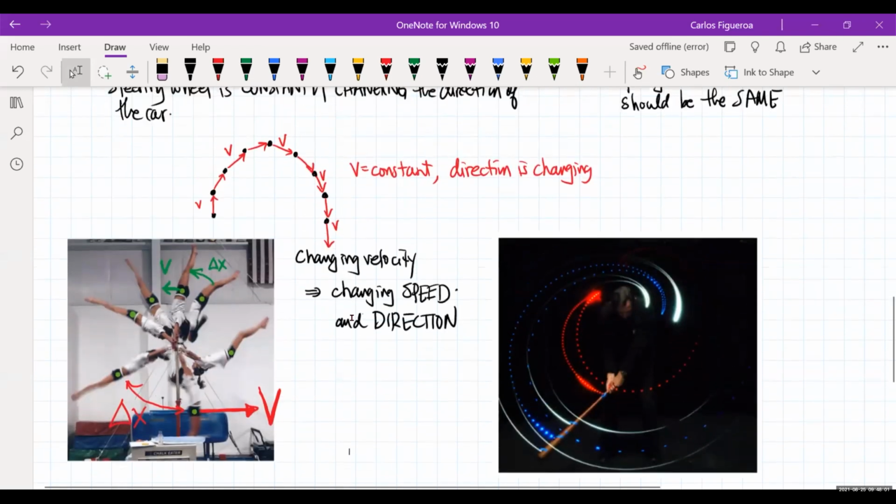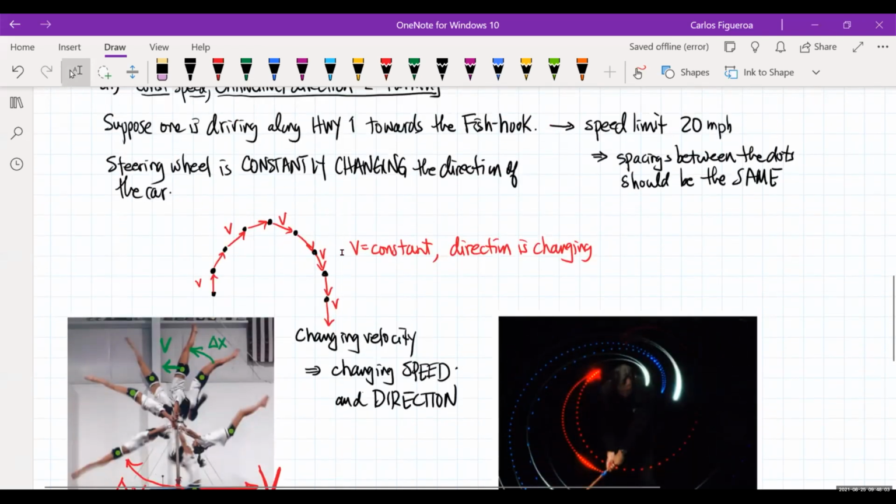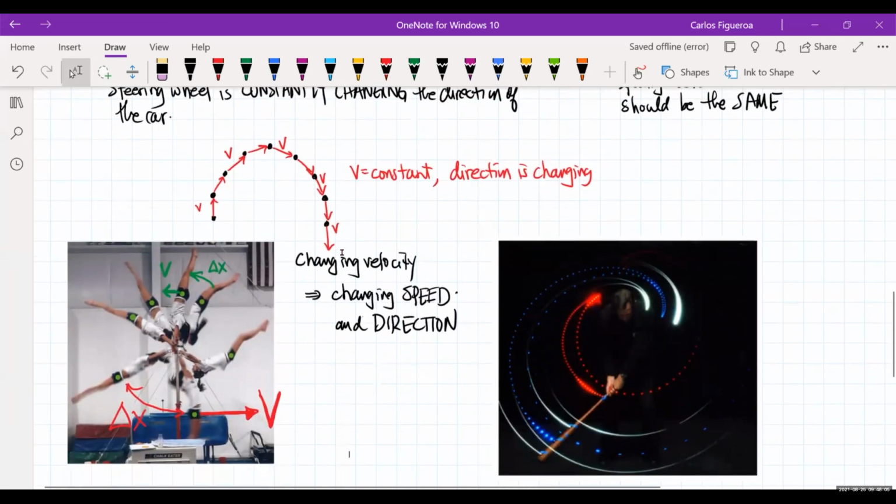This is more in line with this example right here. So why is it more in line? Well, if you look at this, there's a bat and it has a blue flasher and a red flasher.